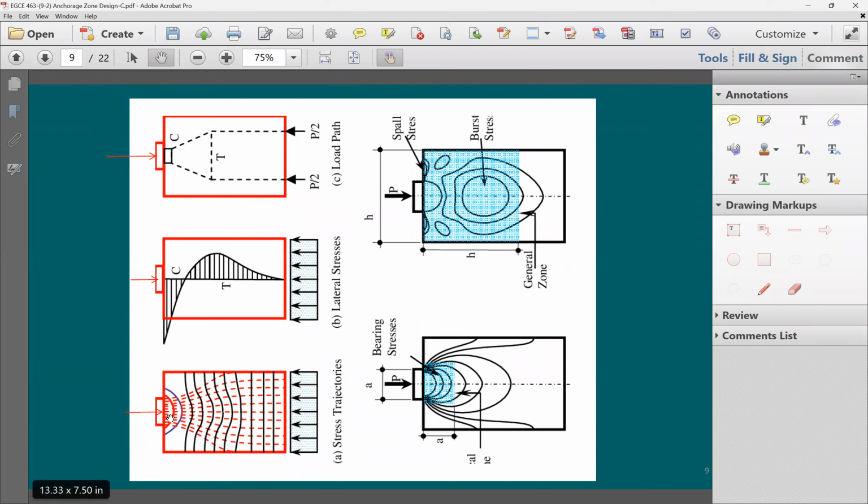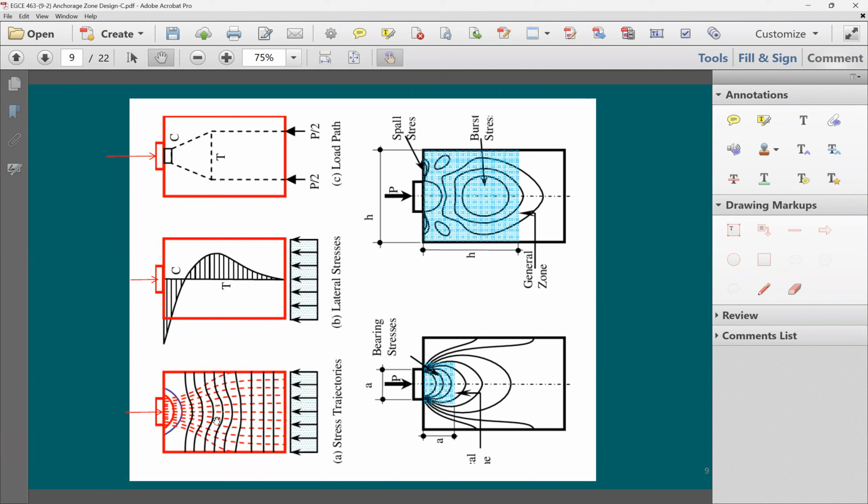At the beginning, it's going to be concentrated in a smaller area, and once you get close here after one edge, it's going to be completely uniform for the entire cross-section area of the beam. These solid lines that you're looking at here are going to be the tensile stresses in the Y direction. So compression is going to be dashed, and the solid is going to be tension in the Y, but the compression is going to be in the X direction.